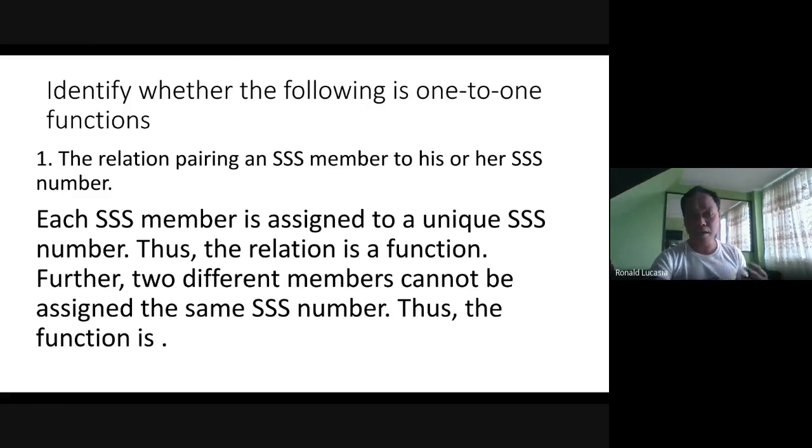The relation is a function, and further, two different members cannot be assigned the same SSS number. Thus, the function is one-to-one. Just like your LRN number, no two students have the same LRN number. So it's also an example of one-to-one function.